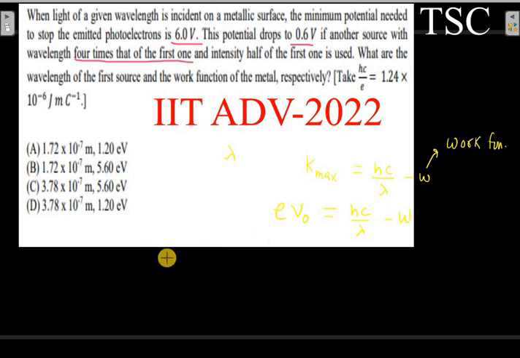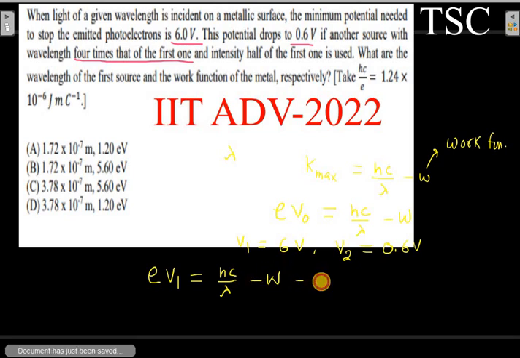In first case the potential is V1. V1 is given here as 6 volt, and in the second wavelength the stopping potential for the second wavelength is equal to 0.6. On applying these equations for first and second light used, we can write e into V1 will be equal to hc upon lambda minus W. Since metal is same, W will remain same.